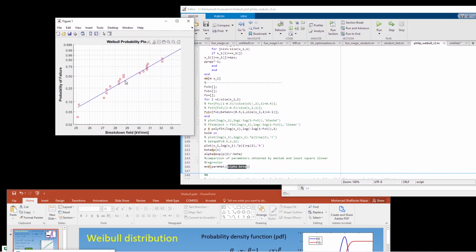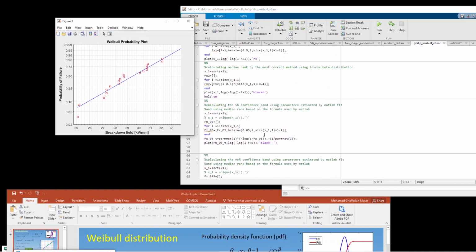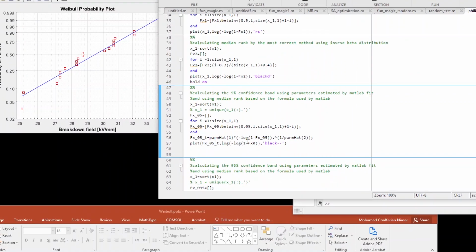Okay, so we have this information, and then we can use it and also add the confidence bound using the previous strategy, as I said. Because the scale and shape parameters for MATLAB were very similar, I'm going to use the same thing in plotting the confidence bound.